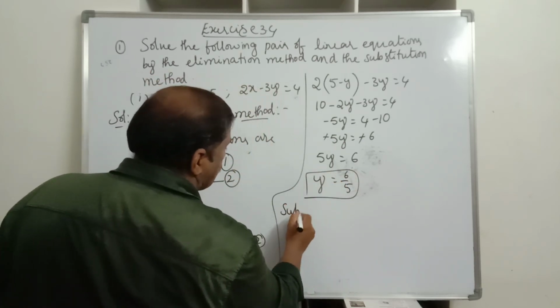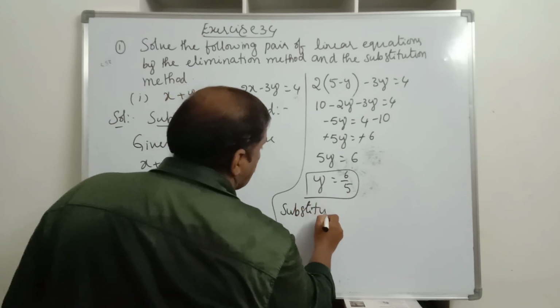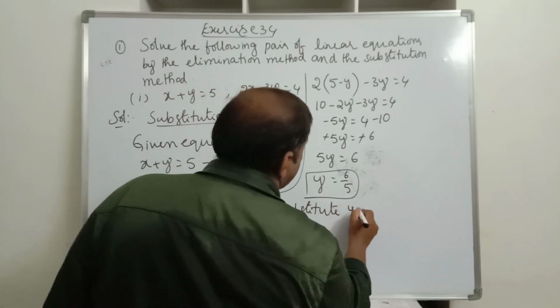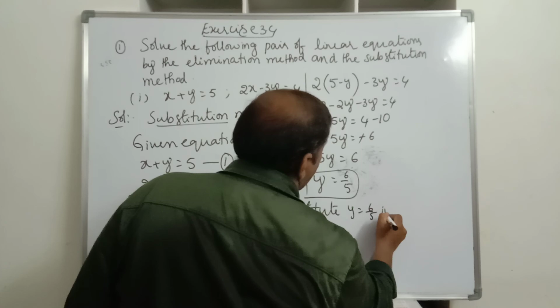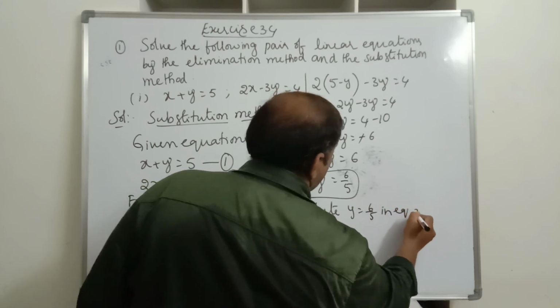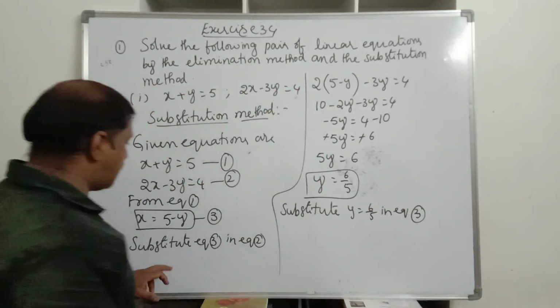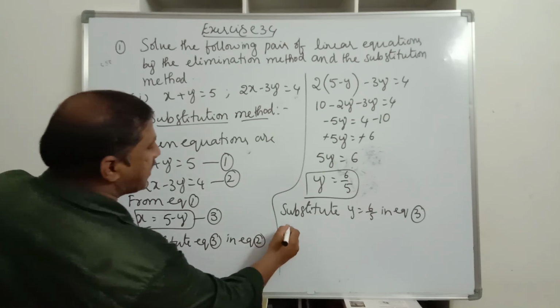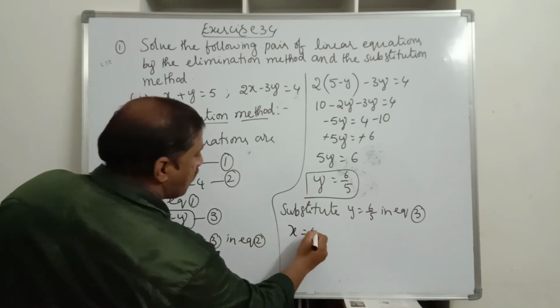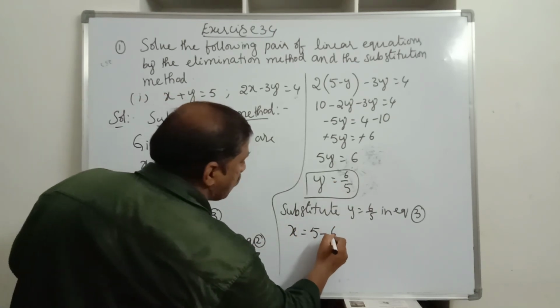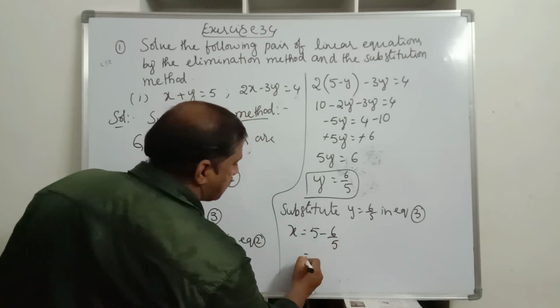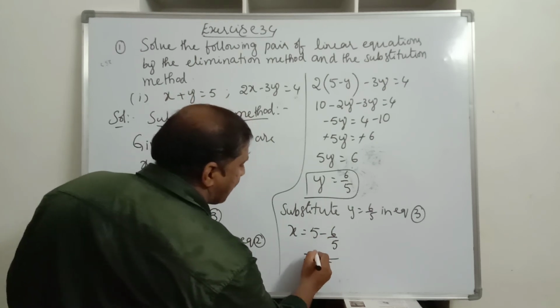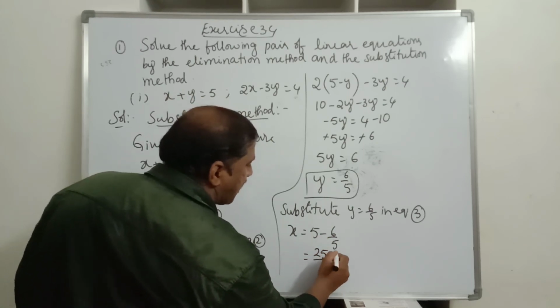Now substitute y equals 6/5 in equation 3. What is equation 3? It is x equals 5 minus y, that is 5 minus 6/5. Take the LCM, which is 5. 5 5s are 25 and minus 6.